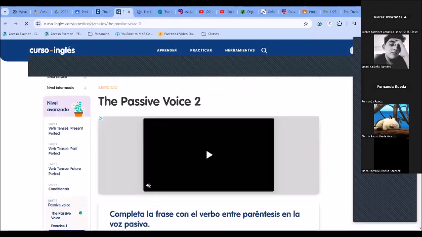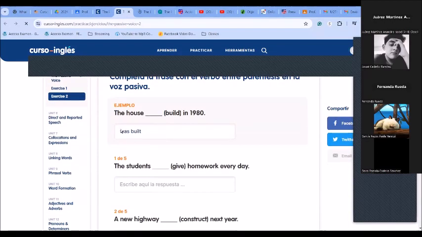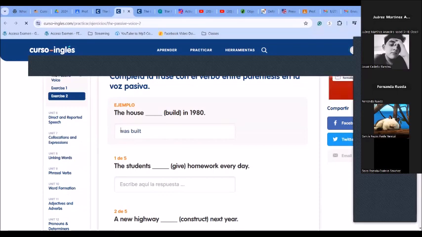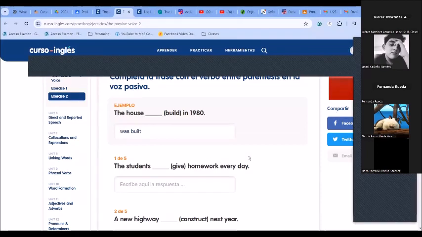Let's start with Paula. You're going to be transforming your sentence. Notice the time expression so you know which one to make your transformation. Go ahead, Paula.